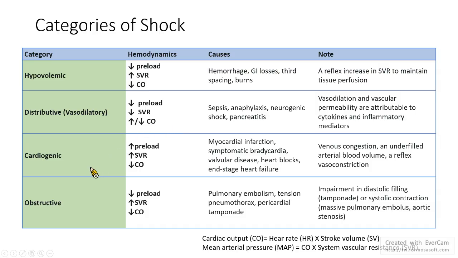And the third category of shock is cardiogenic, so-called CS. Cardiogenic shock is primarily caused by heart failure, resulting in increased preload with very low contractility, so a low CO.